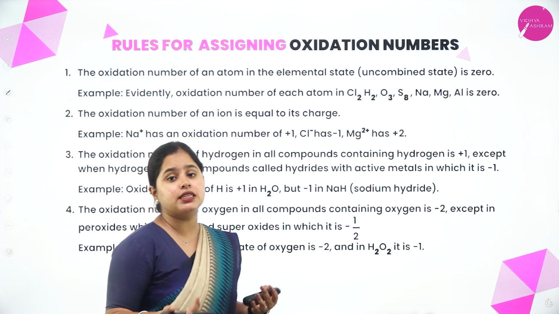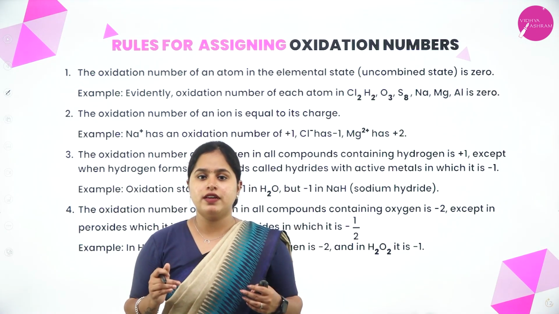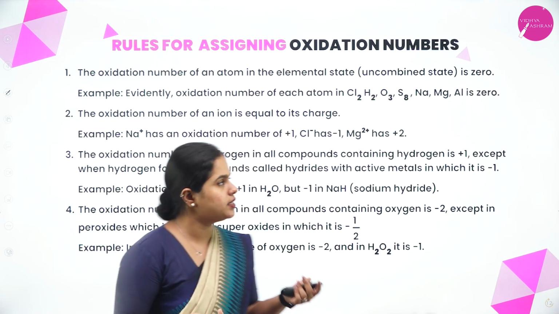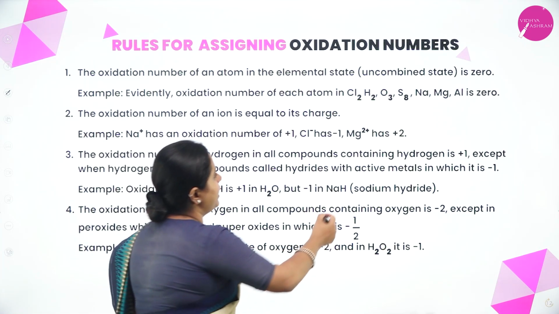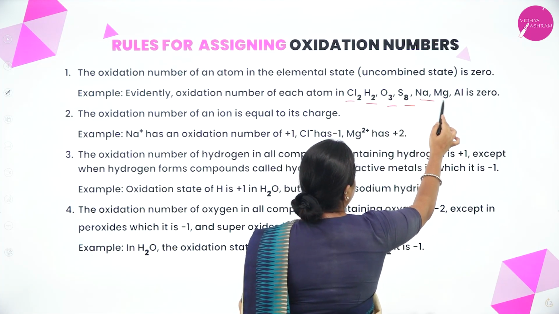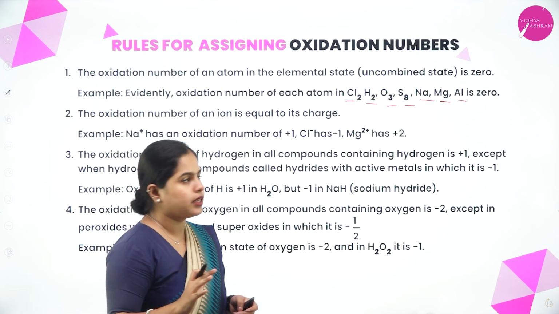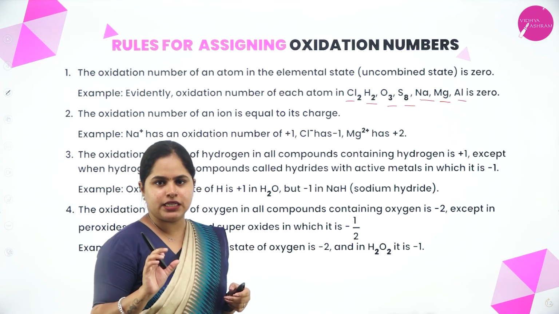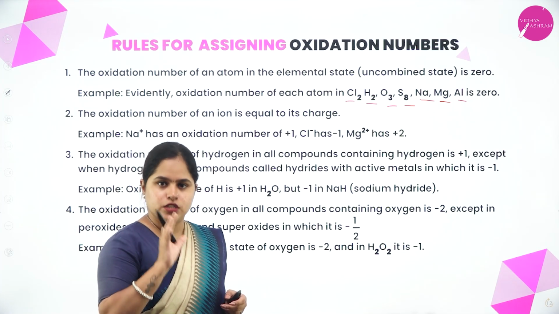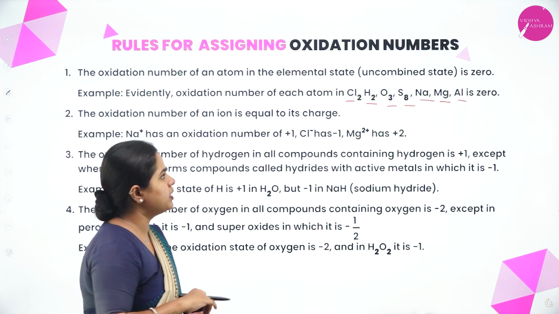If the element is in its elementary state, its oxidation number will always be 0. For example, Cl2, H2, O3, S8, sodium Na, magnesium, aluminium, these are all in their elementary state. Sodium exists as sodium metal, in the solid form, so that is in an uncombined form, and the oxidation number will always be 0.